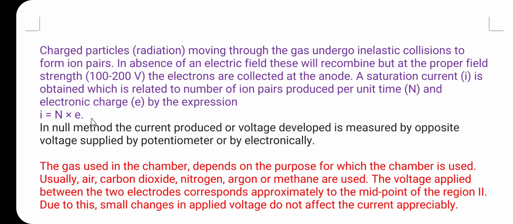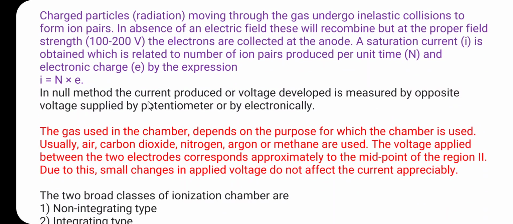That means this is the relation between the saturation current I, the number of ion pairs produced per unit time N, and the electronic charge e. So I is equal to N into e. In the null method, the current produced or the voltage developed is measured by an opposite voltage supplied by a potentiometer or electronically.